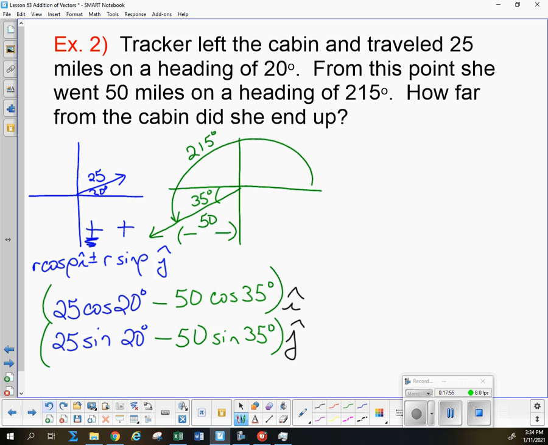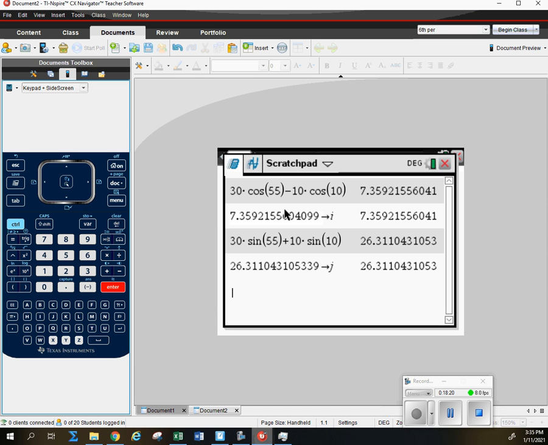So now we need to enter these on the calculator. So first I'm going to do the ones with the cosines. My top row, the way that I wrote it, and I tried to save a little time and space since we're drawing three diagrams. That's why I'm letting you start the shortcuts now. 25 cosine 20 degrees minus 50 cosine 35 degrees. I need to put that into my calculator.